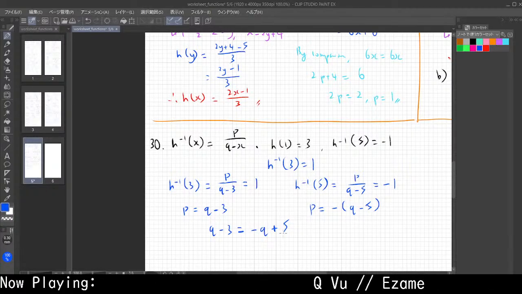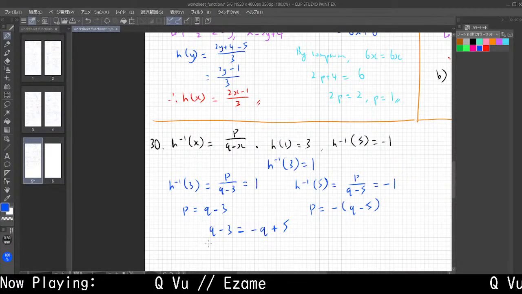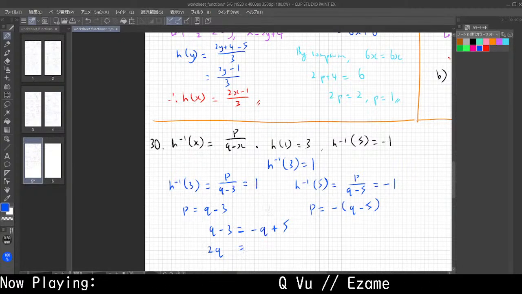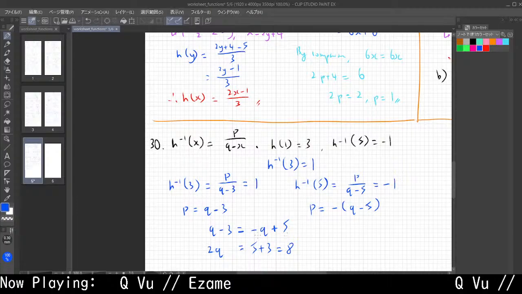This will be equal to q minus 3. Rearrange: negative q moves over to become plus, q plus q is 2q. Negative 3 moves over to become plus, so 5 plus 3 you get 8.